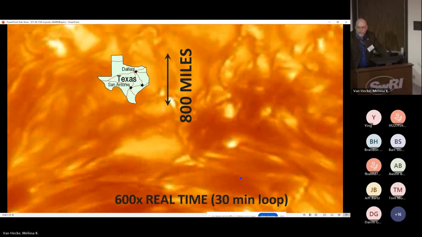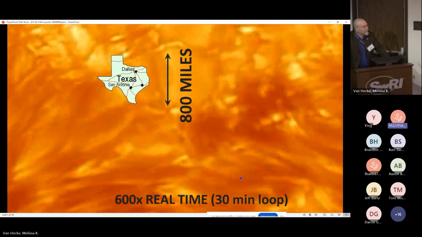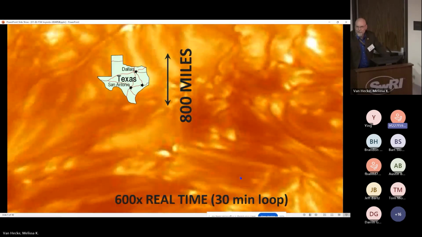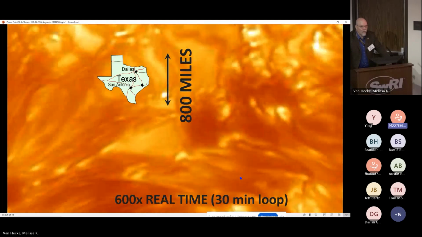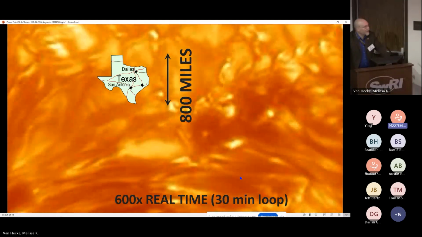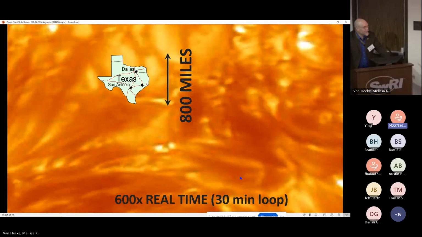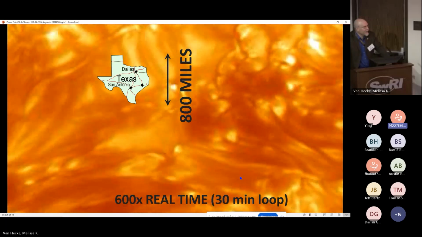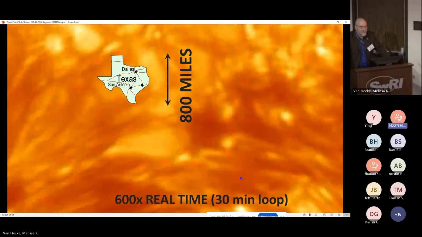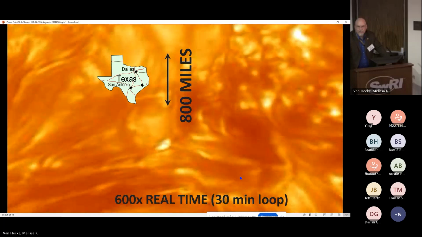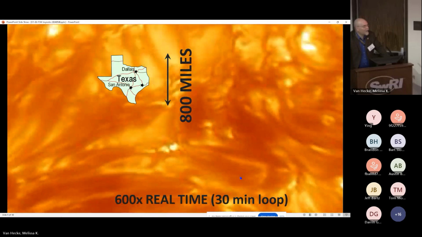This process brings hot material from the interior of the star up to the surface. It rises just like warm water in a pot on the stove. These bubbles of hot material rise to the surface, spread out, and on the surface, they radiate into space. That's the sunlight that illuminates your house every day.